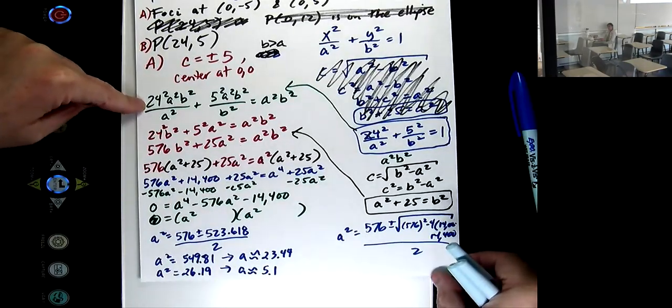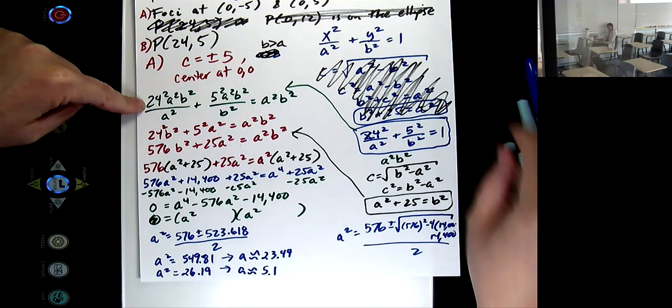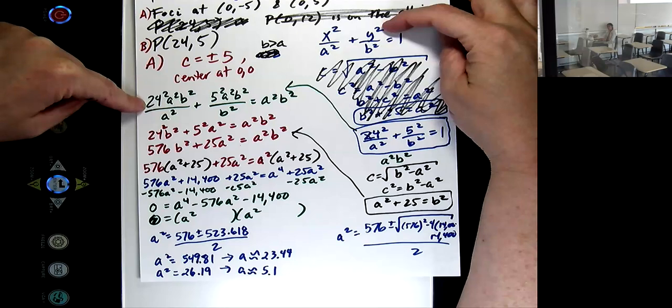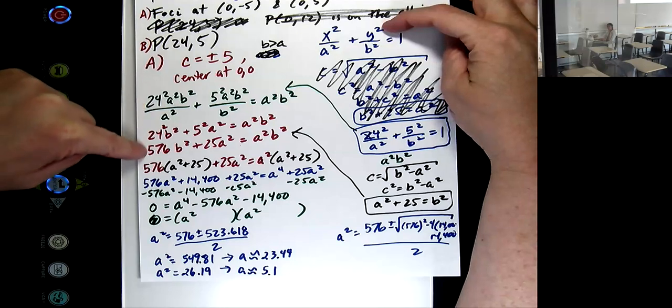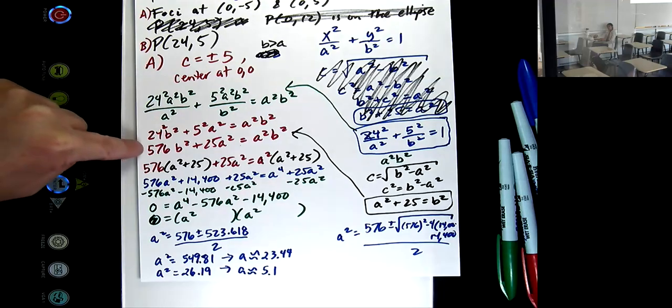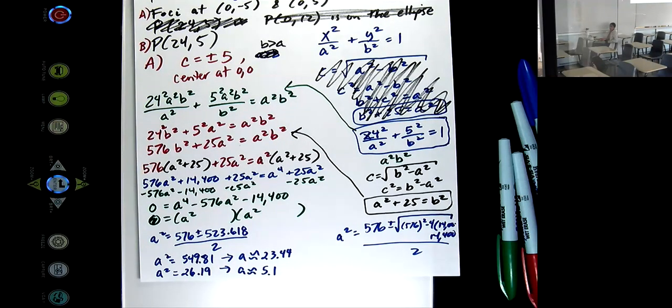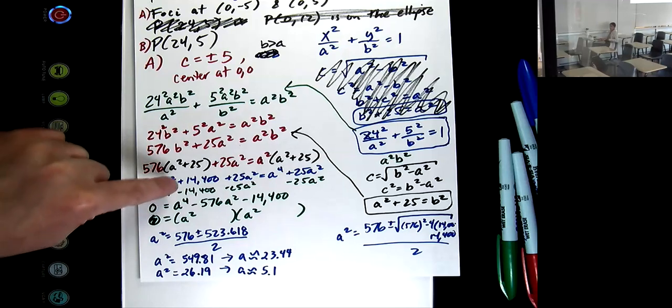I had X squared over A squared plus Y squared over B squared. I plugged in the values and multiplied through by B squared and A squared. Is that not 576 times 25? 576 times 25 is 14,400.